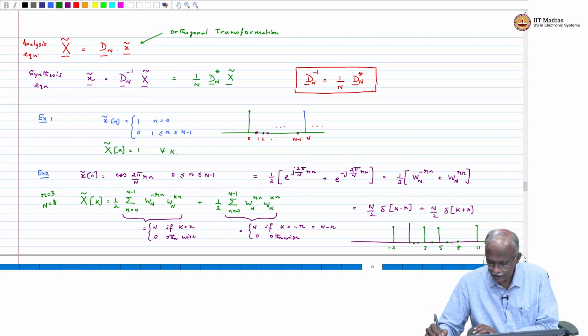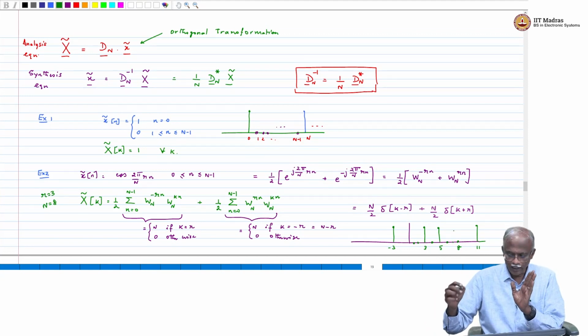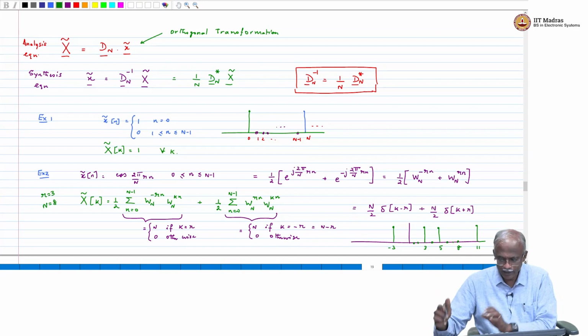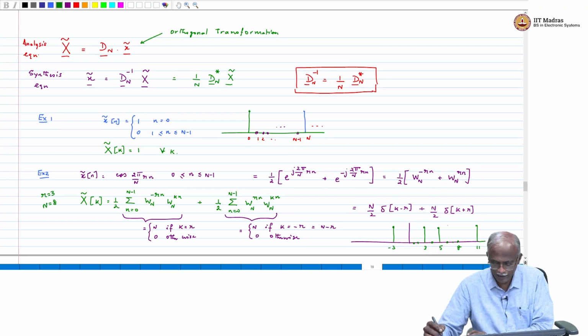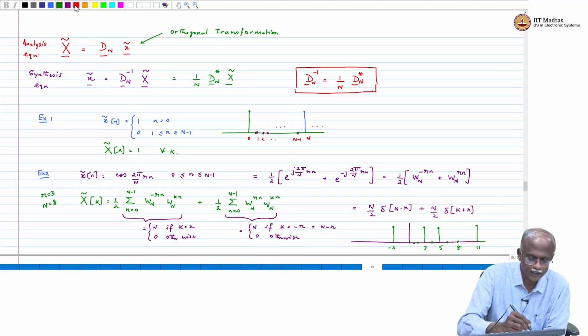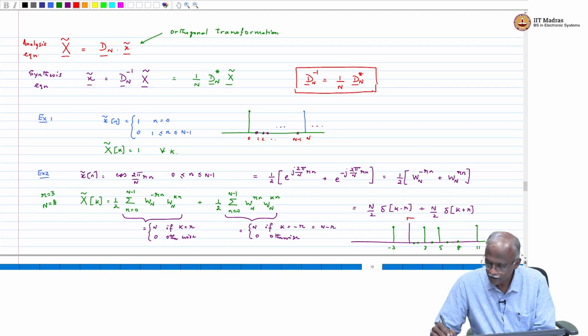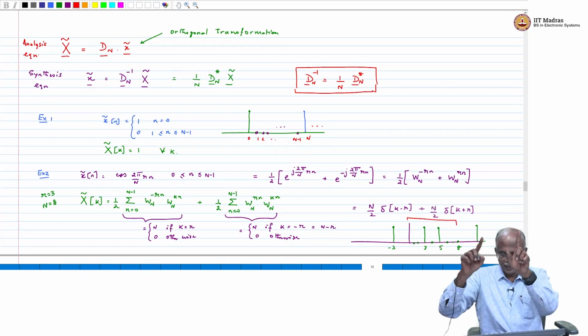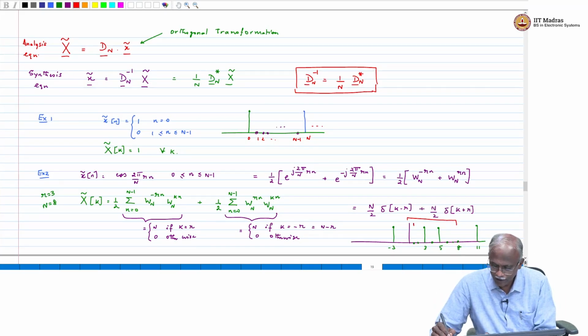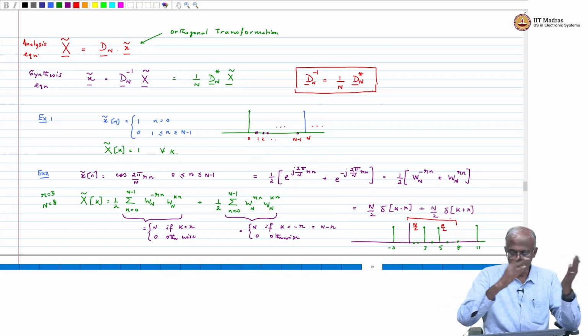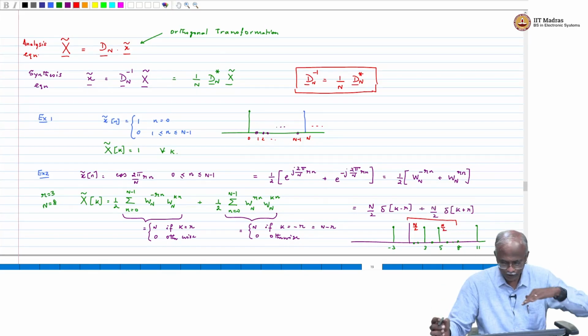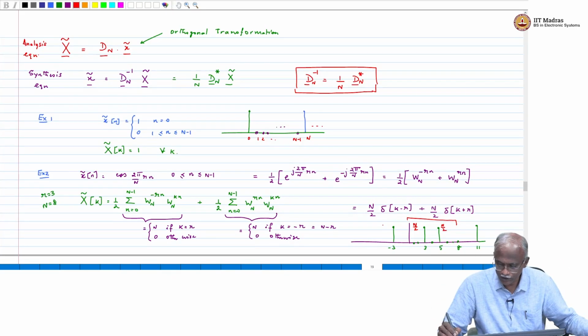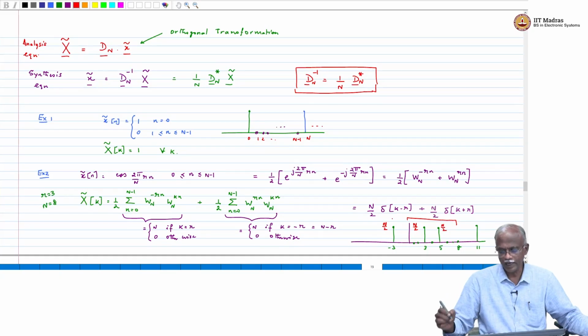So if you look at one period from 0 to 7, you will see this portion. You will have 2 delta functions, each with a height of N by 2. You can also look at it on both sides, positive and negative. So at minus 3 also there is a delta function with N by 2.